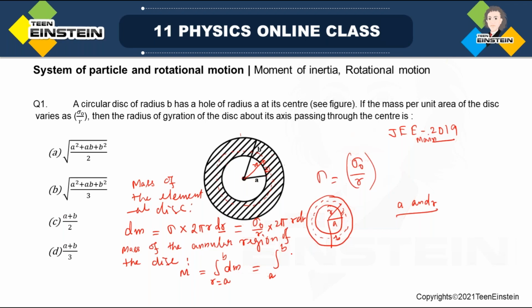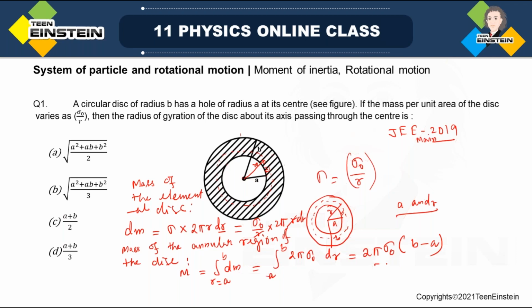This is 2 pi sigma naught, a constant term, and then I have only dr over here because the r cancels. So finally, the mass of the annular region is 2 pi sigma naught into r, taking limits a to b.